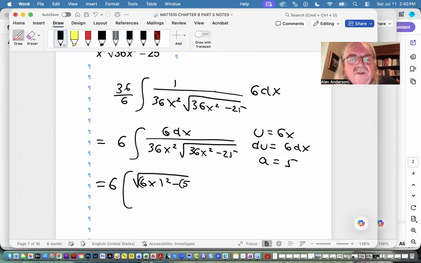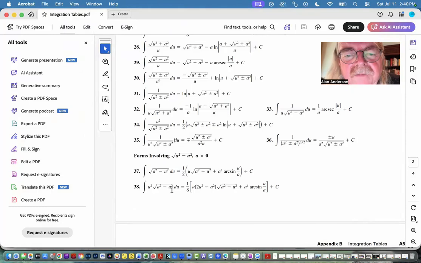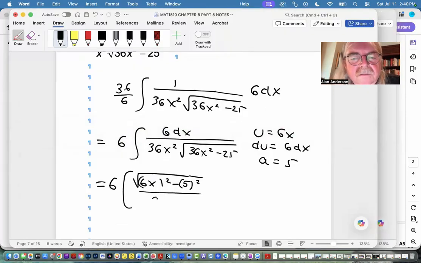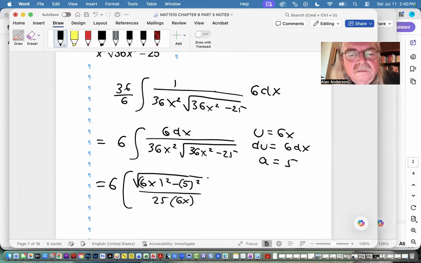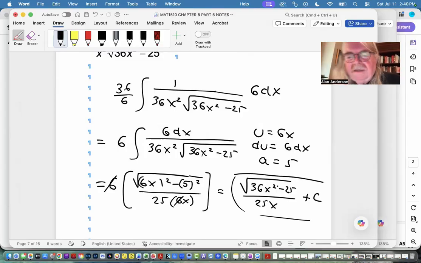Or I could write it as 5 squared. And then we have a squared. All right, but these sixes cancel. All right, let's see how we did.